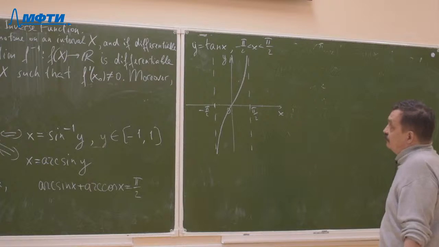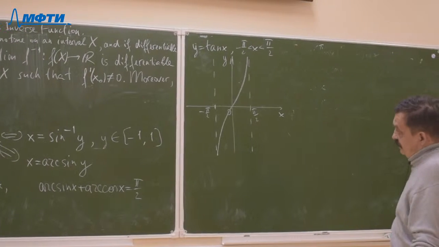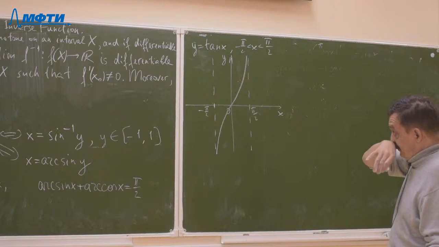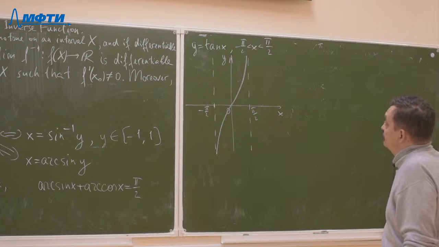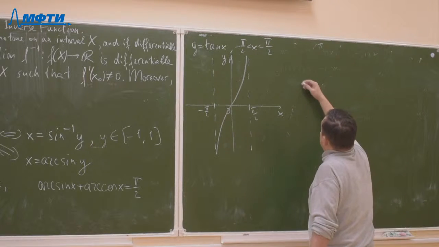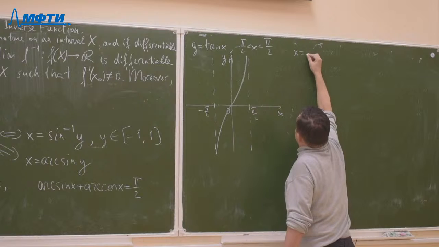So the derivative is never 0, hence it satisfies all conditions of our theorem, and we can proceed in the standard way.